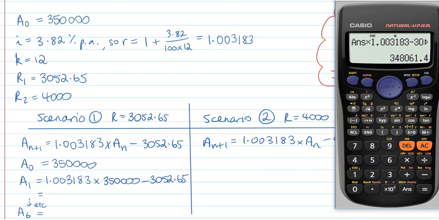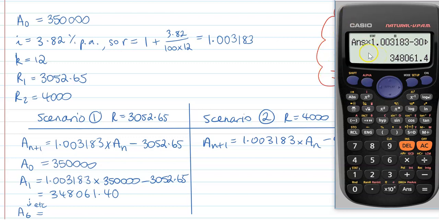We'd just like to see a demonstration that you're applying your recursion formula. So you don't need to put all 6 recursions in, just put 1 or 2 in, and then your final answer. So after 1 month, the loan balance would be $348,061.40.